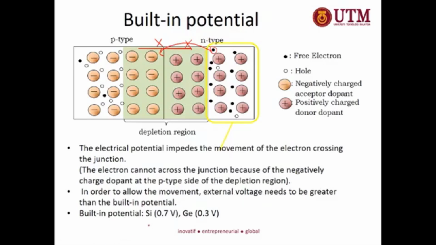For a silicon PN junction, the potential is around 0.7 volt, and for germanium, it is 0.3 volt. So we need to apply higher than 0.7 volt for silicon, and higher than 0.3 volt for germanium, to allow current to flow.